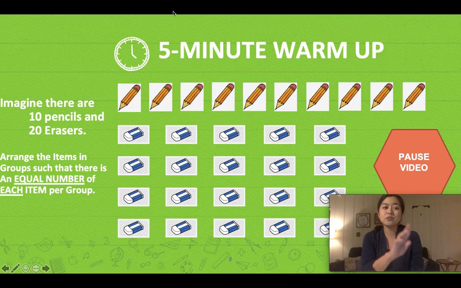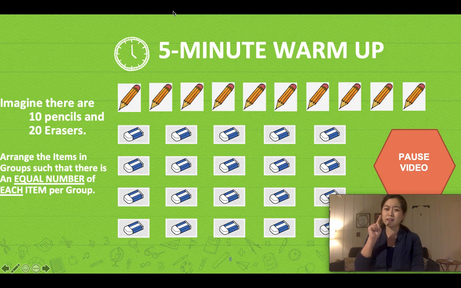We're going to arrange these items in groups such that there is an equal number of each item per group. So you're going to pause the video and try this on your own. You want to divide the pencils and erasers into equal groups.